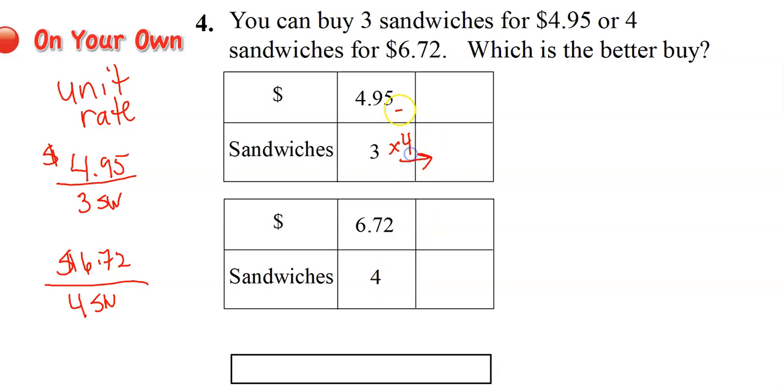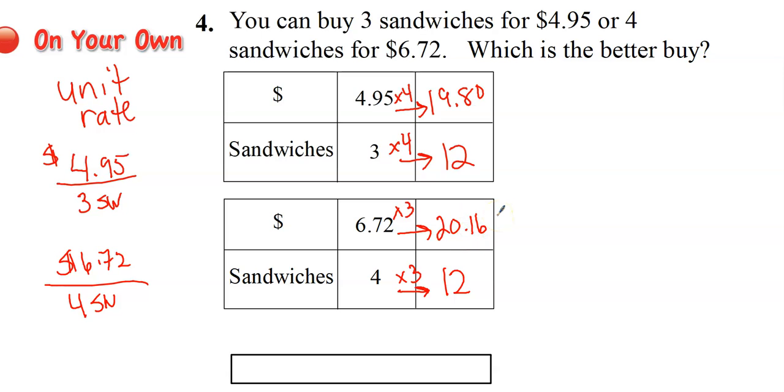So I'm going to multiply these numbers by 4 to get my 12 sandwiches, and $4.95 times 4 is $19.80. And then for the 4 sandwiches, I'm going to have to multiply this by 3. So I multiply the $6.72 by 3, right? So now I'm comparing how much it costs for 12 sandwiches. And when I multiply $6.72 times 3, I get $20.16.